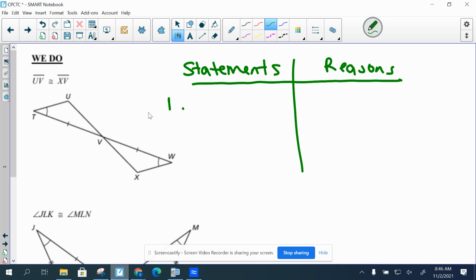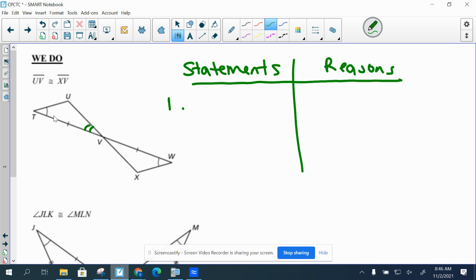So can I prove that the triangles are congruent right now? Maybe say something first. Martin? Yeah. Let's go ahead and mention that the vertical angles are congruent.